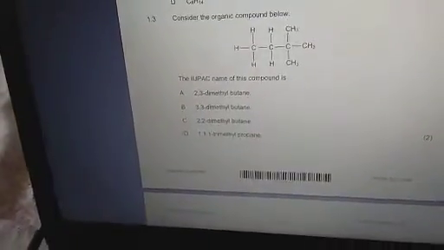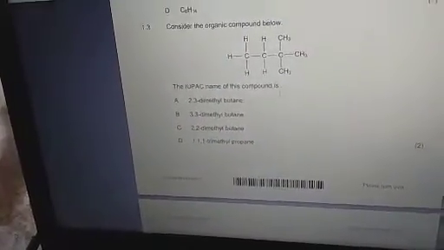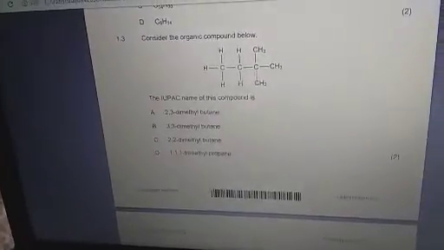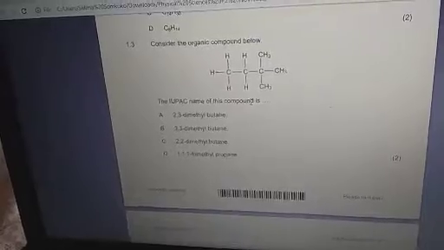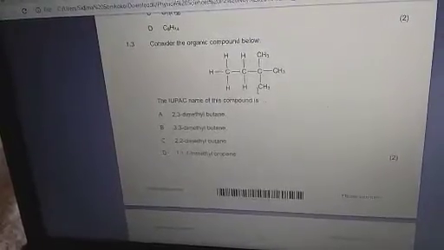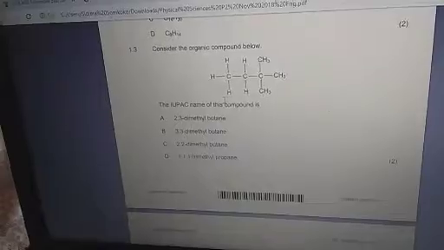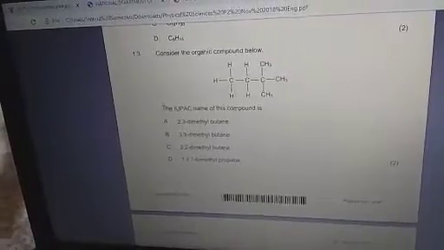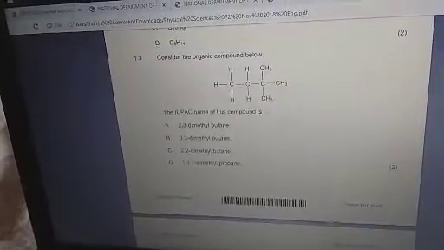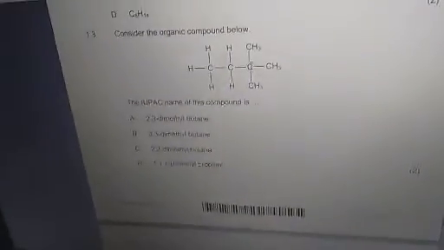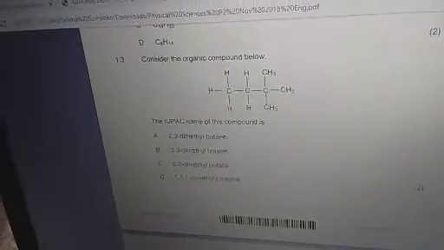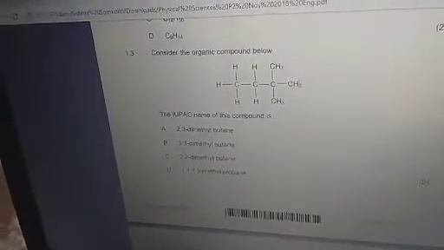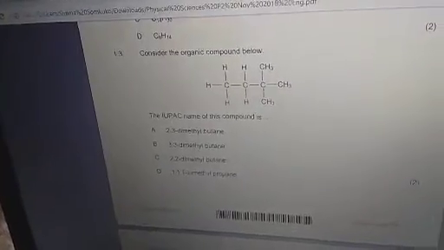Consider the organic compound below. The IUPAC name of the compound is... Remember the roots. Let's count to get the parent name. If we count from here, 1, 2, 3, 4.